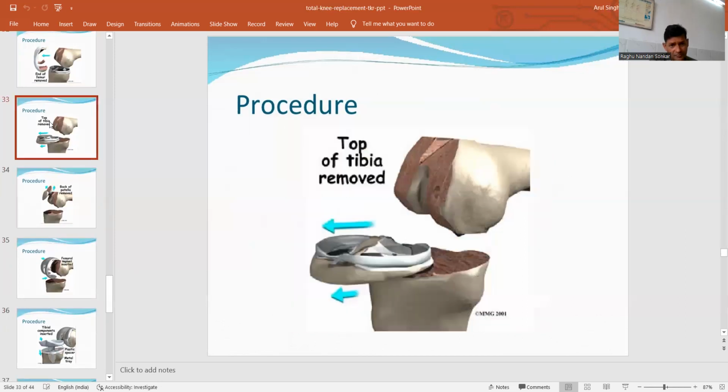In the same manner, the articular surface of the tibia, or the damaged part of the tibia, is removed, which is known as 9 mm, or most probably 10 mm.